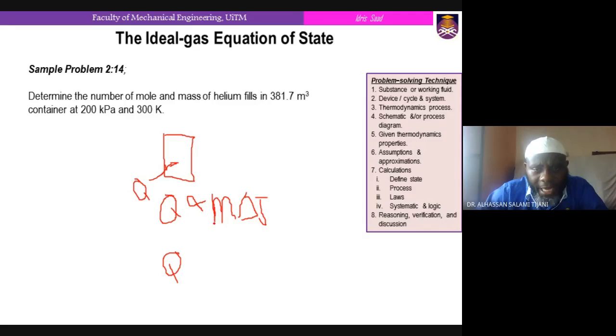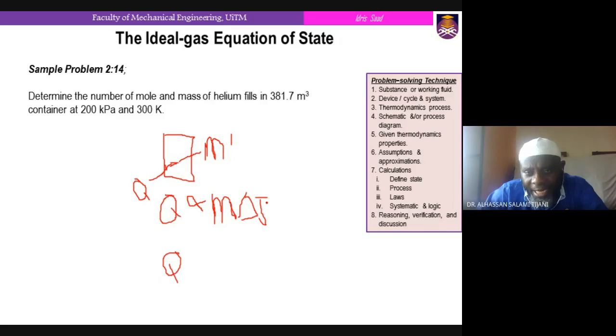The physical meaning of this is that, let's say the mass of the substance in this particular closed system is M. If you want to increase the value of Q, the more mass we give, the higher the Q is going to be.